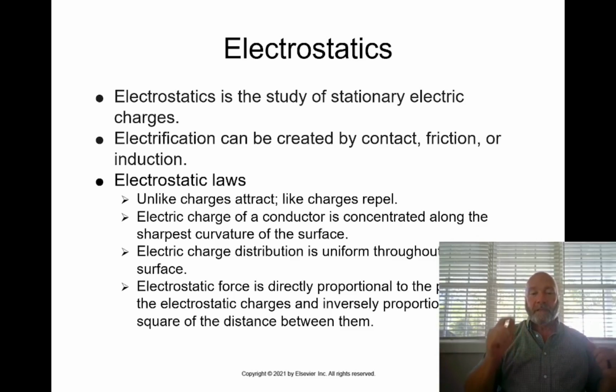So the electrostatic force is directly proportional to the product of the electrostatic charges, the more you have, the more you have, and inversely proportional to the square of the distance between them. The more compact they are, the more pressed together they are, the more likely they're going to be able to do some sort of work or give you what you want. So the electrostatic force increases as the distance between those electrons decreases.